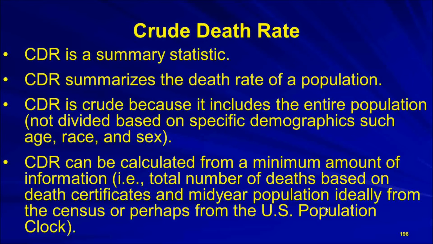Now, in the denominator, we're usually looking at the mid-year population, ideally from the census or perhaps from the U.S. population clock. What I'm talking about here is different. This is not your heuristic example.